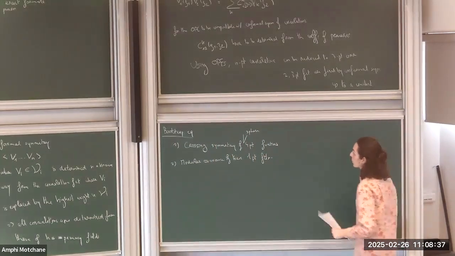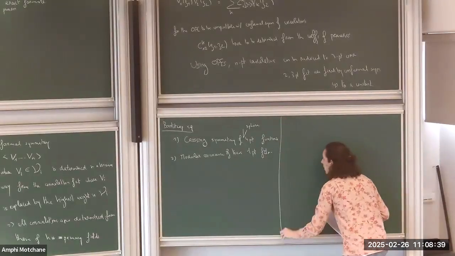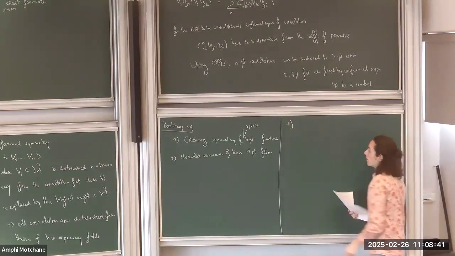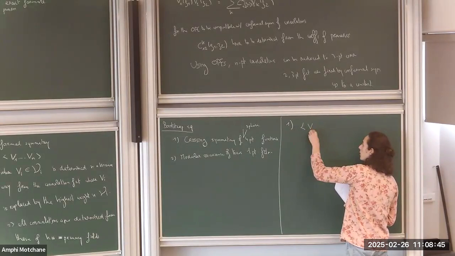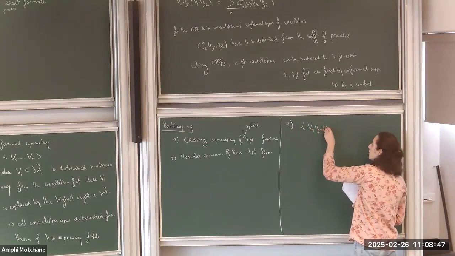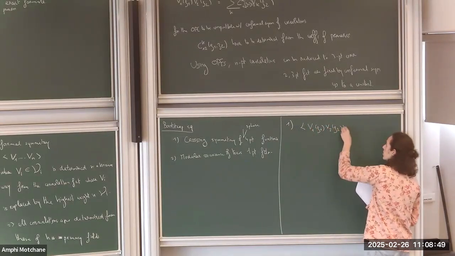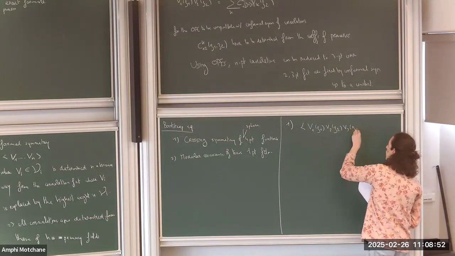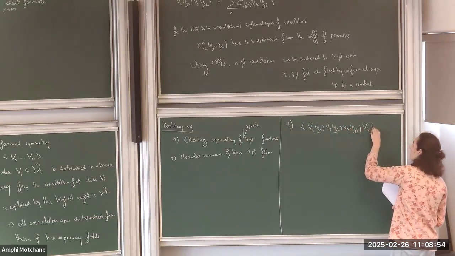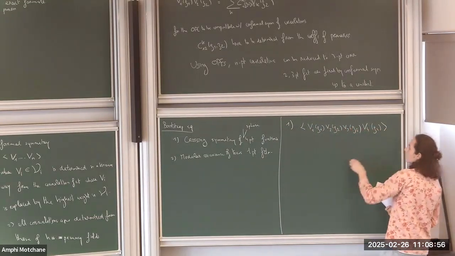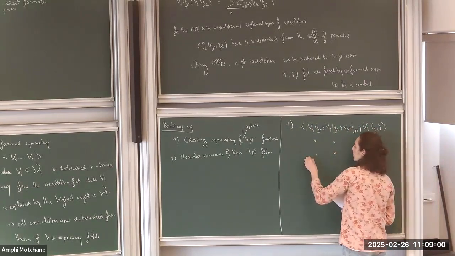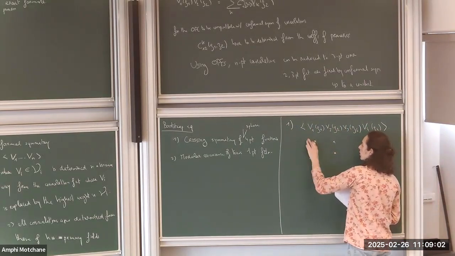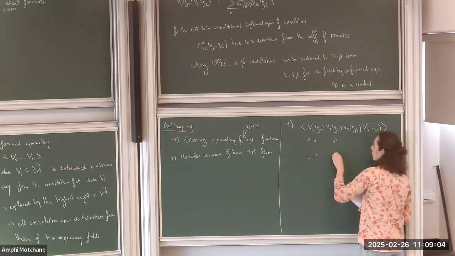I will first explain the first point. Let's consider a certain 4-point function, P1 of z1, P2 of z2, P3, P4. I can draw it like this, P1, P2, P3, P4, 1, 2, 3, 4.